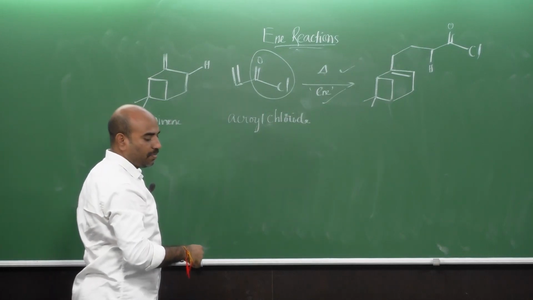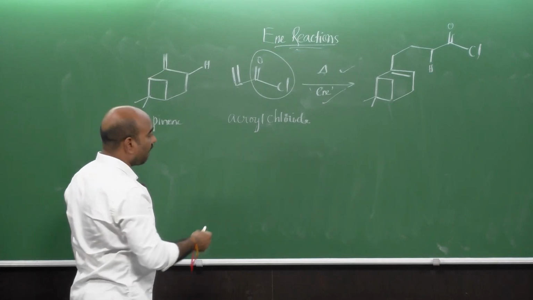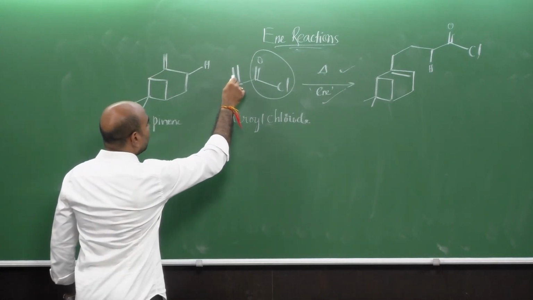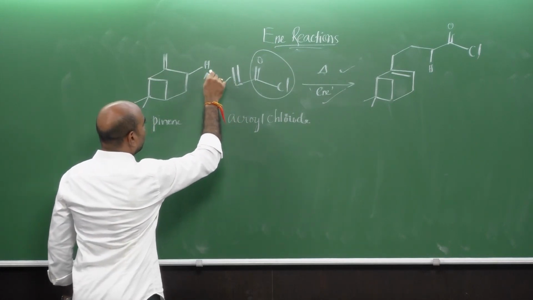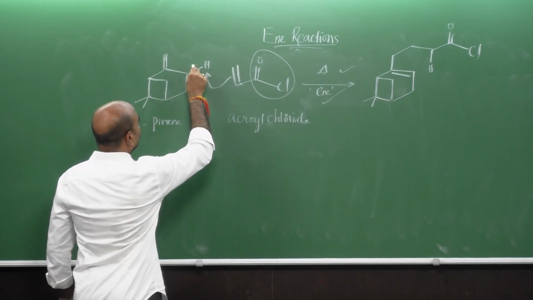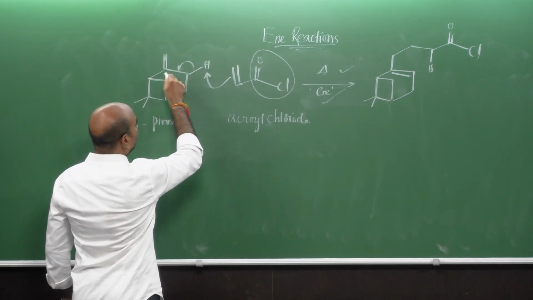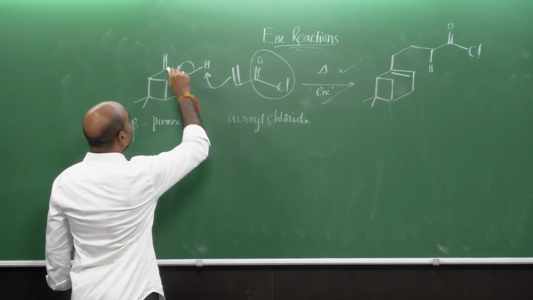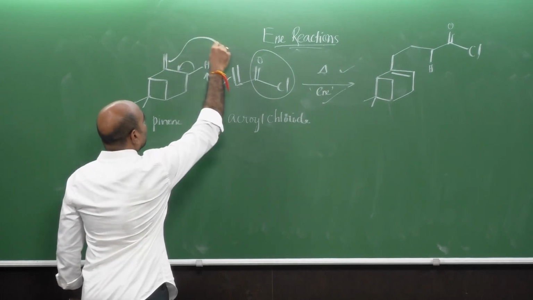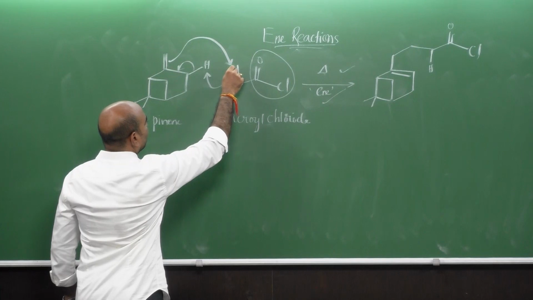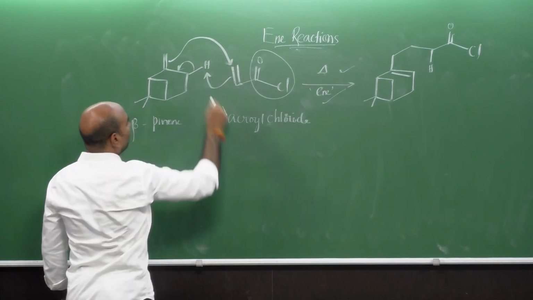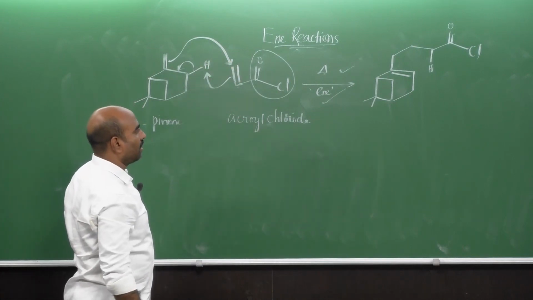You could see with the example. So, this double bond is trying to take the hydrogen, this sigma bond is moving here and converting into a pi bond. One of these pi bonds is moving here to this carbon atom and forming a carbon-carbon sigma bond, right.